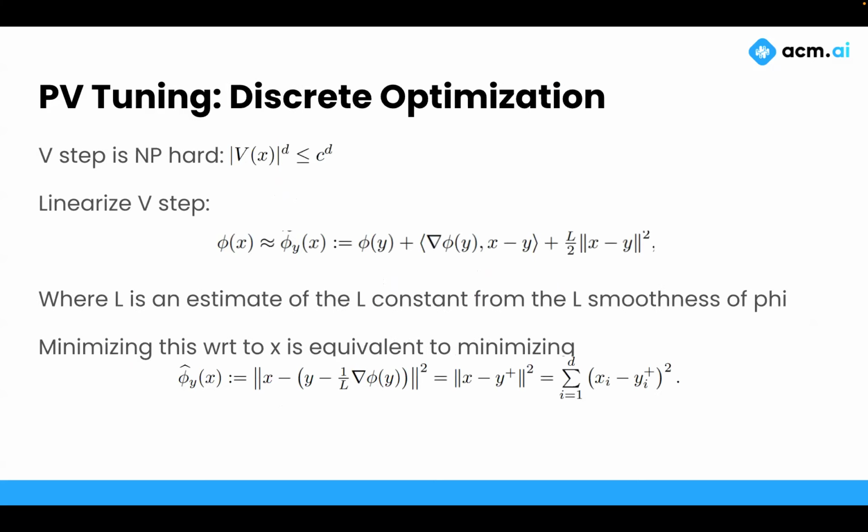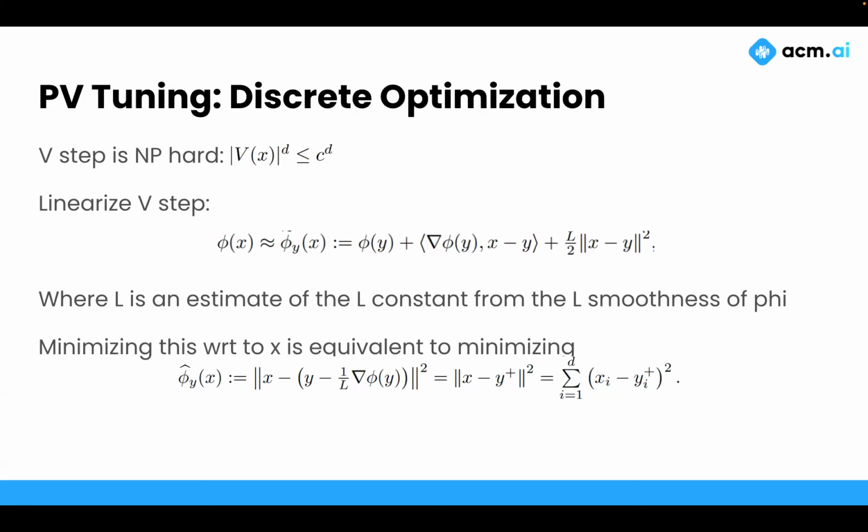So then the question is, how do we do the discrete optimization? Since, as I stated, doing a search over all the parameters is NP-hard. So what we do is a linearized V-step, where L is the L constant from L-smoothness, if any of you have heard that from math.